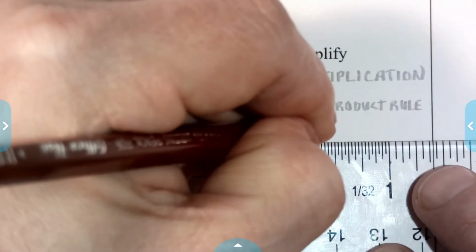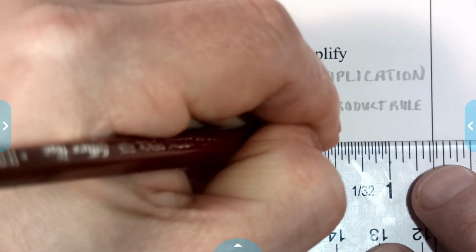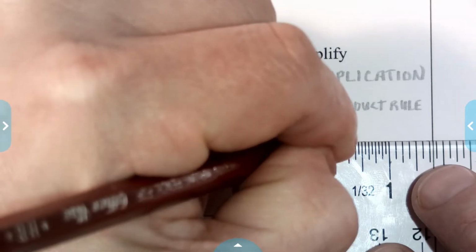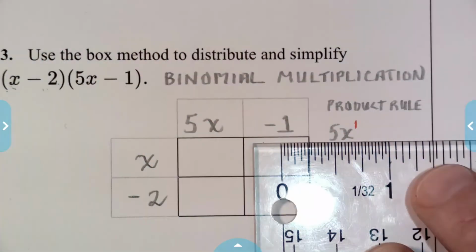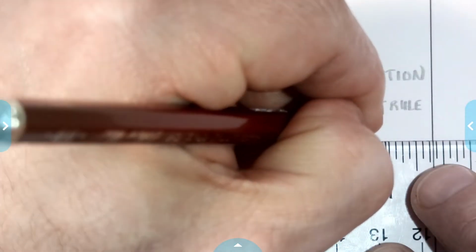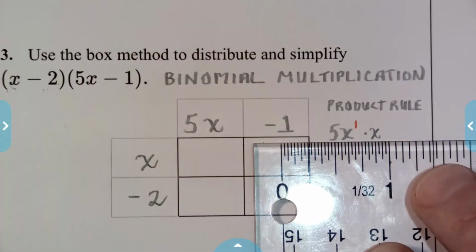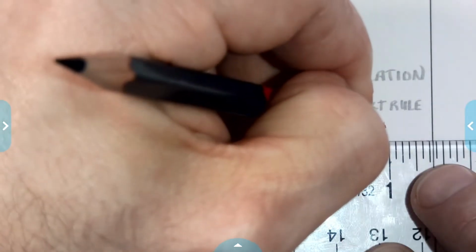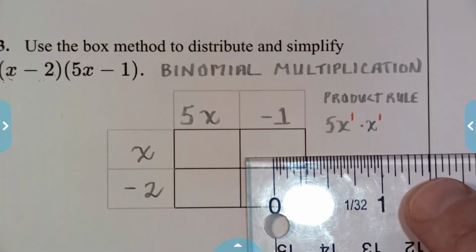So in this case, we have 5x, again, I wish they would write it to the first power, times x to the first power. And what the product rule says is you add those exponents.